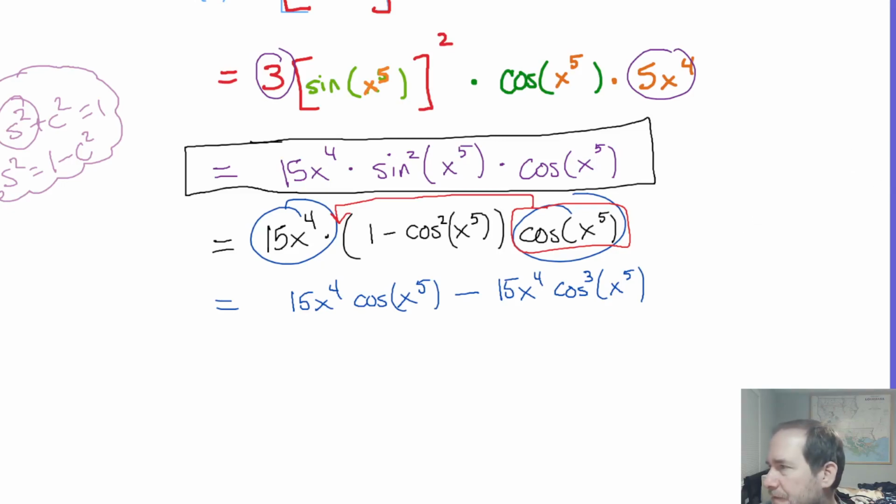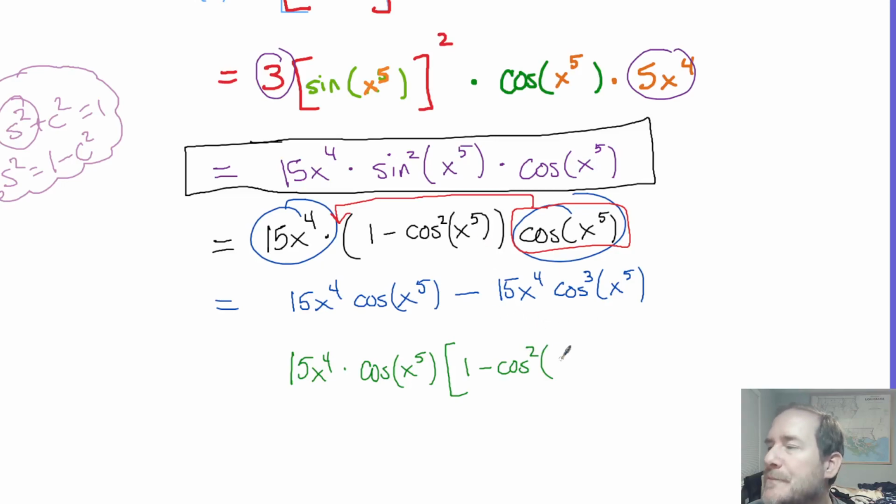I think our final best answer was to just keep the 15x to the fourth factored out, and also keep the cosine of x to the fifth factored out, but then have that getting multiplied by 1 minus cosine squared of x to the fifth.